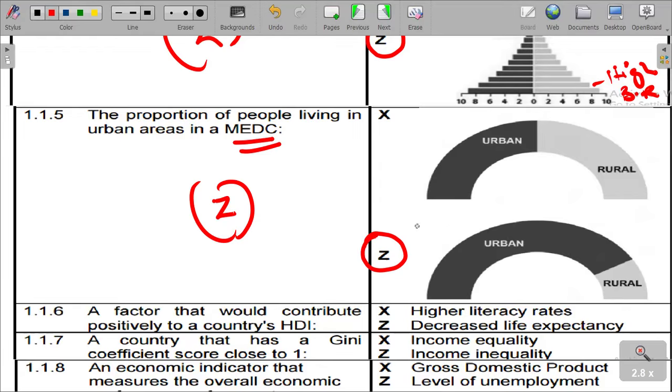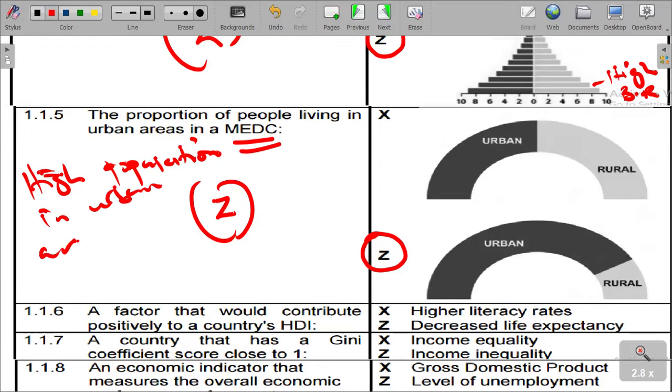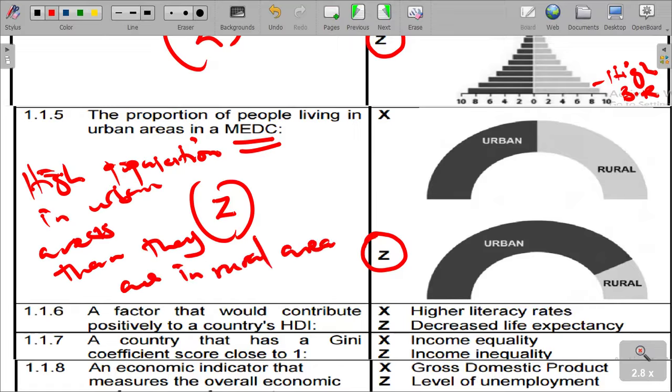Most of the people are found in urban areas, and rural areas have fewer people.